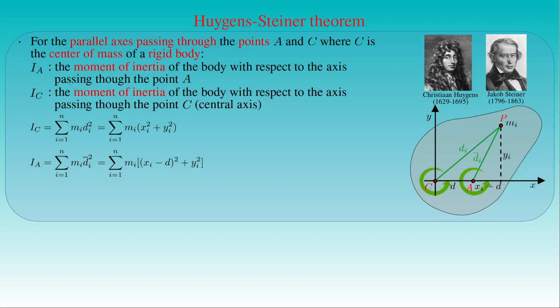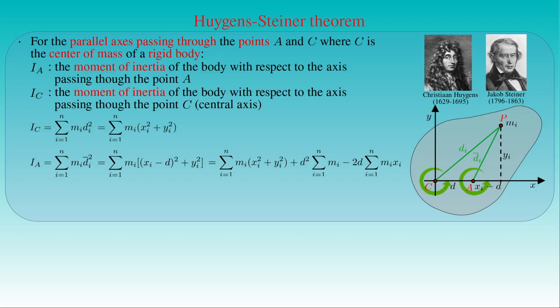Here the square of the distance d bar i can be expressed as the square of the difference between the xi coordinate and the distance d, plus the square of the yi coordinate. By removing the brackets we obtain the sum of mi times the sum of xi squared and yi squared from i equals 1 to n, plus d squared times the sum of mi from i equals 1 to n, minus 2 times d times the sum of mi times xi from i equals 1 to n.